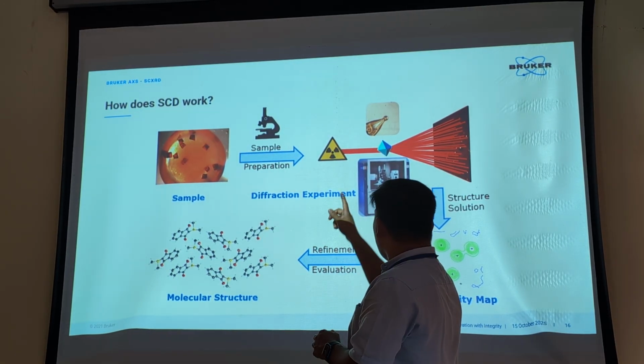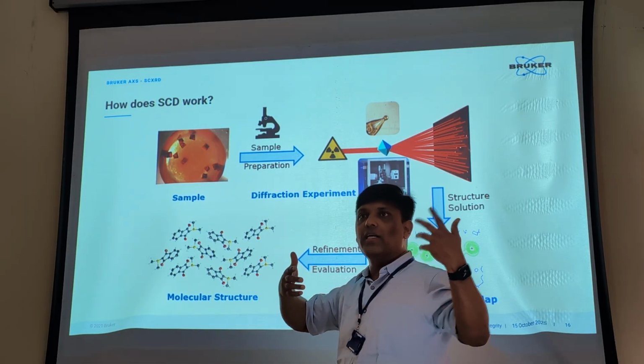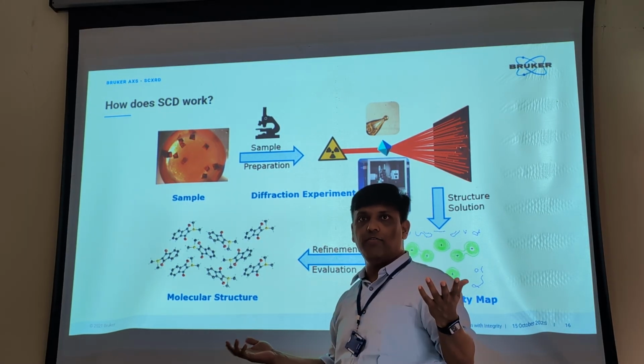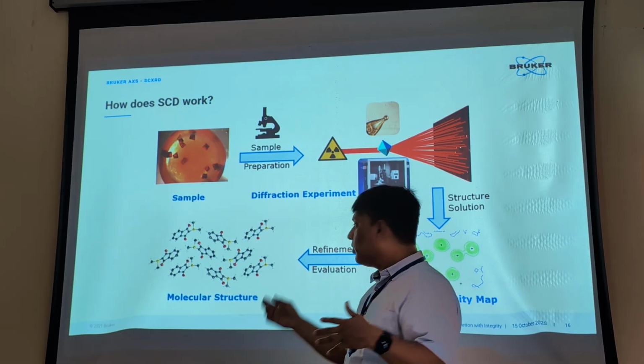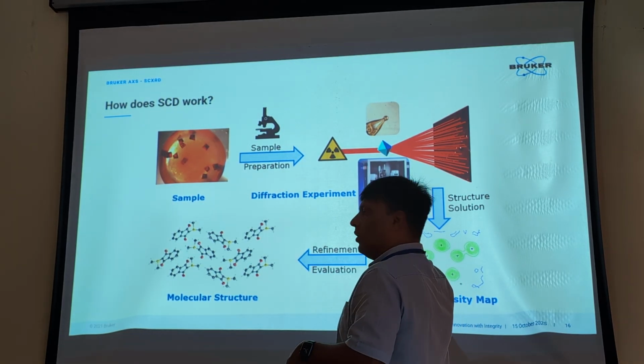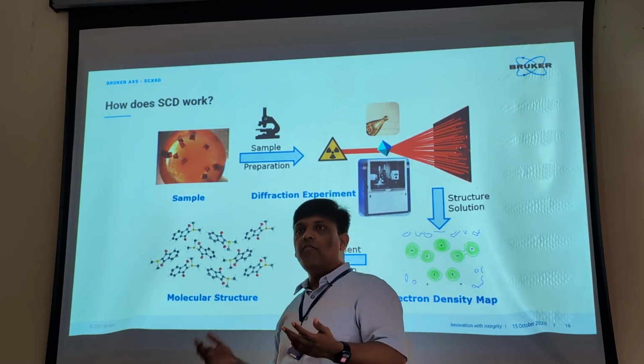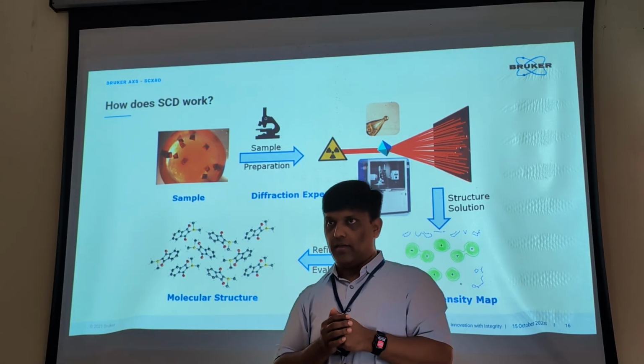Then you put it on a loop which is made of nylon, because it is X-ray transparent and does not give diffraction. So we take that nylon loop, scoop the crystal and put it onto the diffractometer. Basically you shine the X-ray on every side of your crystal.